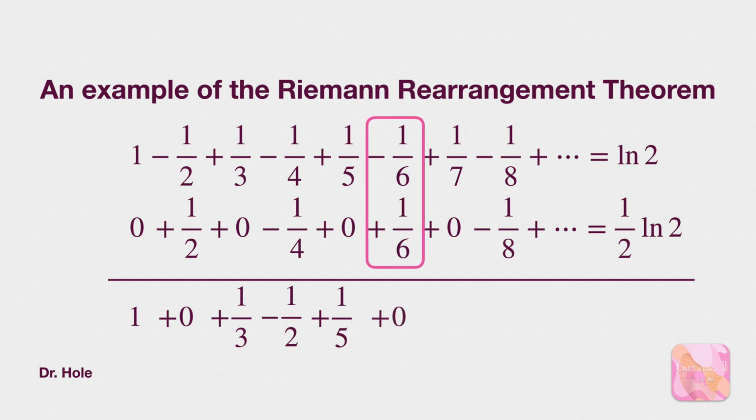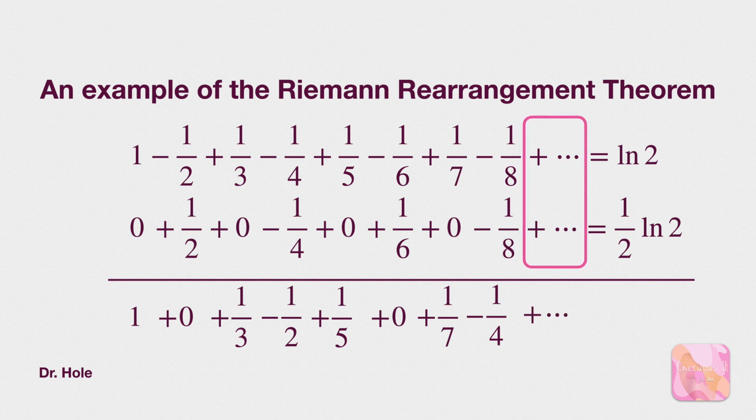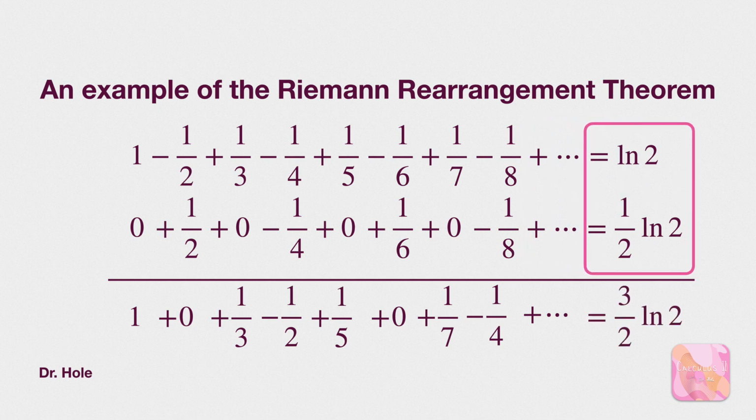N equals 6 case, we're going to get another cancellation. N equals 7 case, we'll bring down a 1/7. N equal 8 case, we'll get 1/4 in the negative. And then continue on and on. And that will be equal, on the right-hand side, ln of 2 plus 1/2 ln of 2.